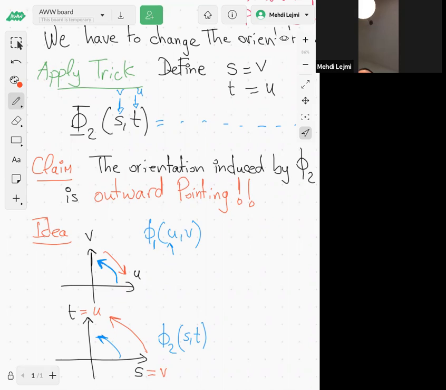All right, so now it's time to move to the next sections, which are Stokes and Gauss divergence theorems. So let's move to a new page here.